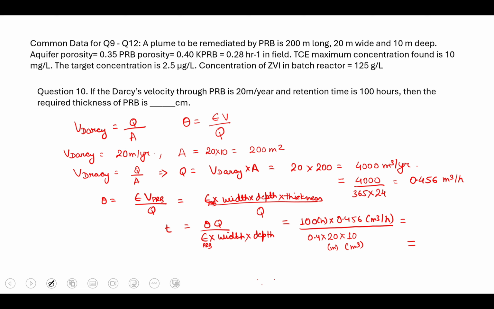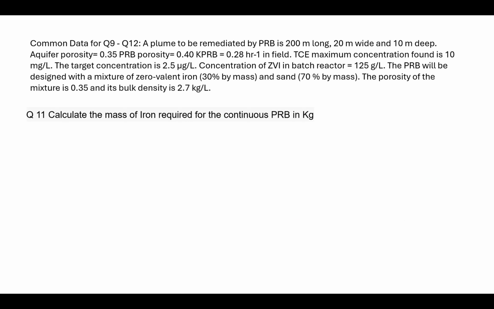Porosity of PRB is 0.4. On solving this, we are getting 57.57 centimeter, which is 57 centimeter. So this is the correct answer. Now let's move to the next question.